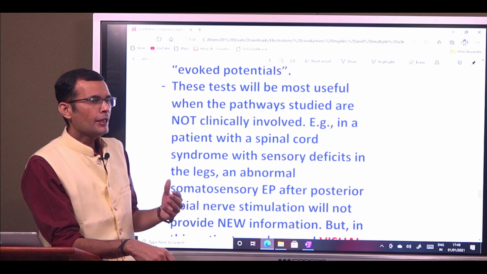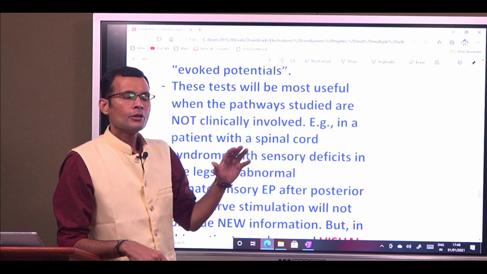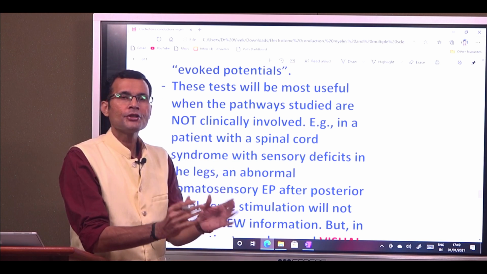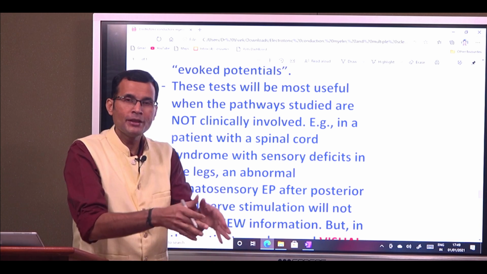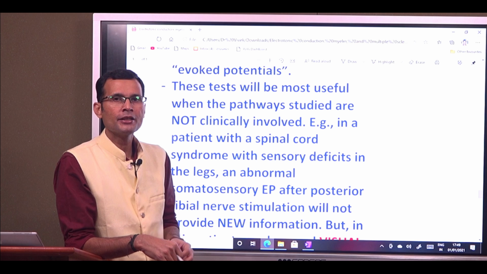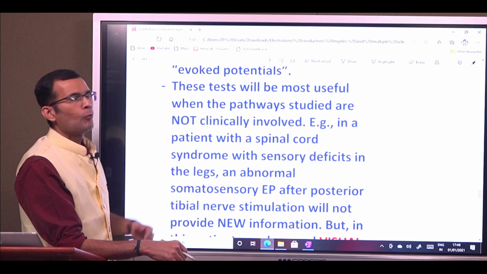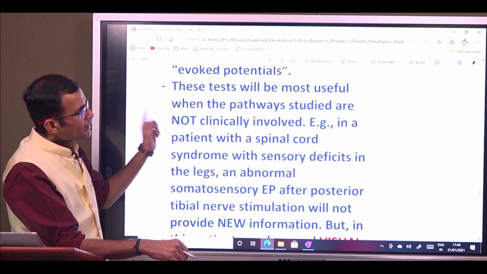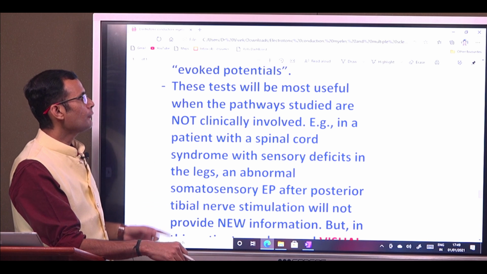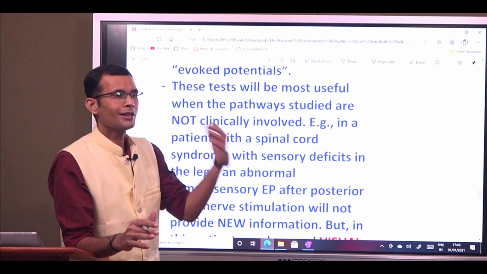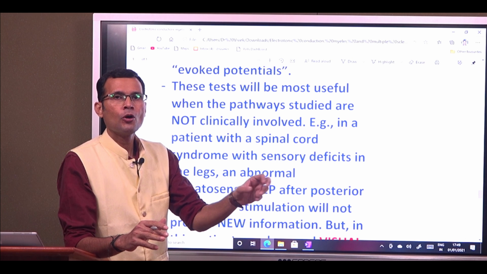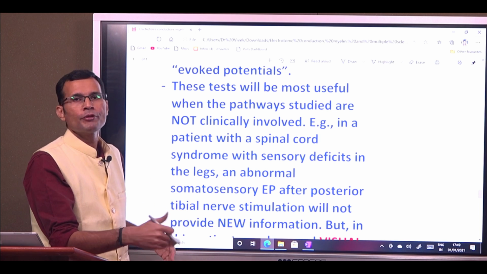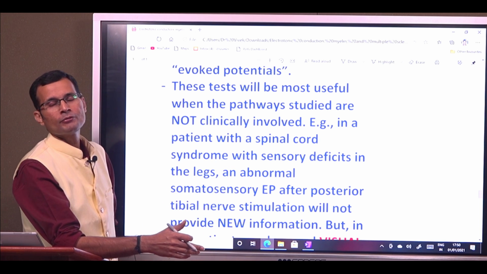Imagine in most cases, just by clinical examination, one can diagnose which nerves or nerve fiber tracts have been involved in the demyelination. So why would you perform additional tests like MRI or evoked potentials? These tests are most useful when you could not clinically diagnose which nerve or nerve fiber tract in the CNS is involved.